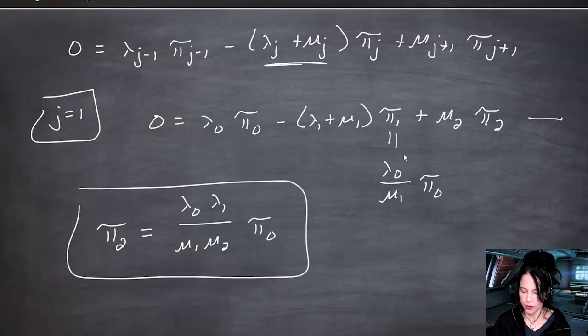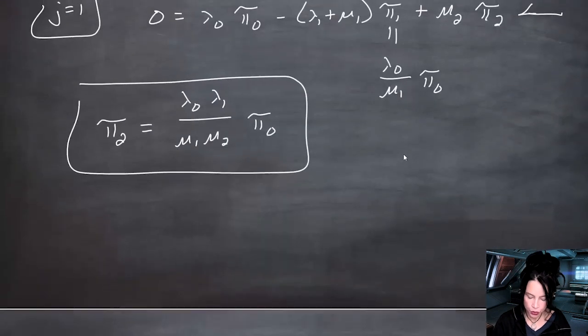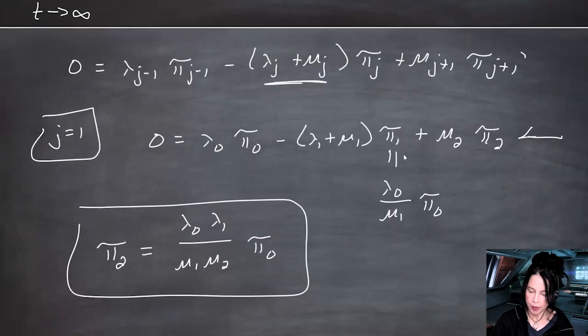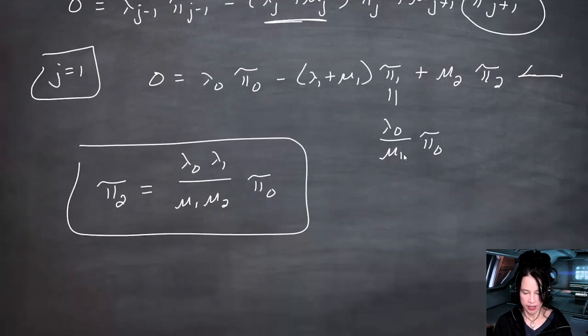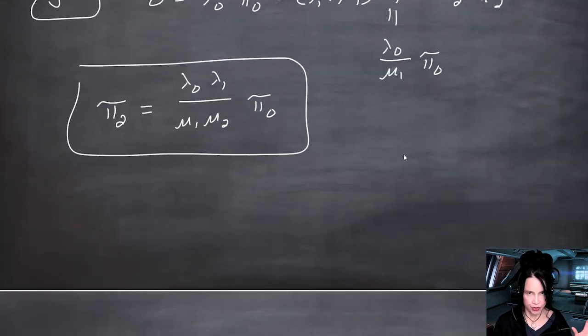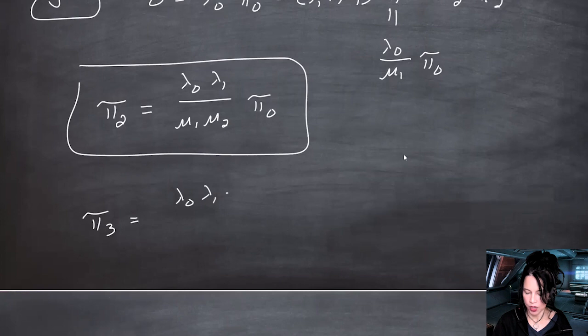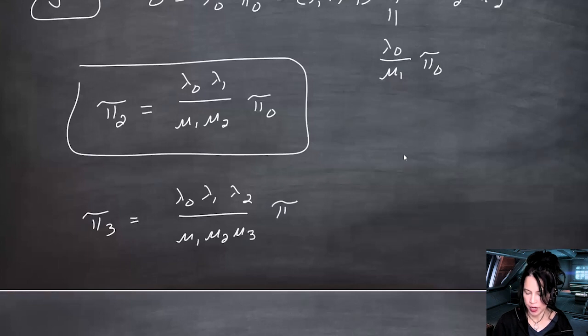If you looked at this equation when j equals 2, that would pop out a pi 3. And if you wrote the pi 2 in terms of pi 0, and so you had an equation with just a pi 3 and pi 0s, you would get pi 3 equals lambda naught, lambda 1, lambda 2 over mu 1, mu 2, mu 3, pi 0.